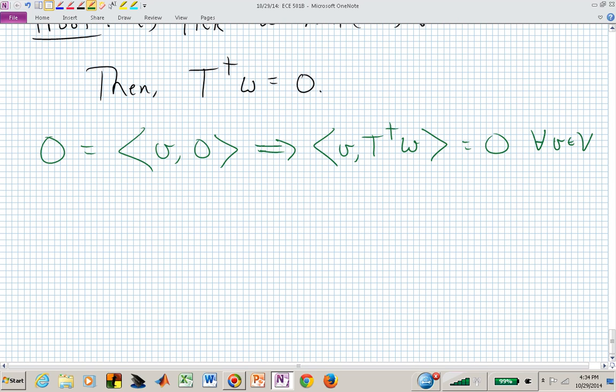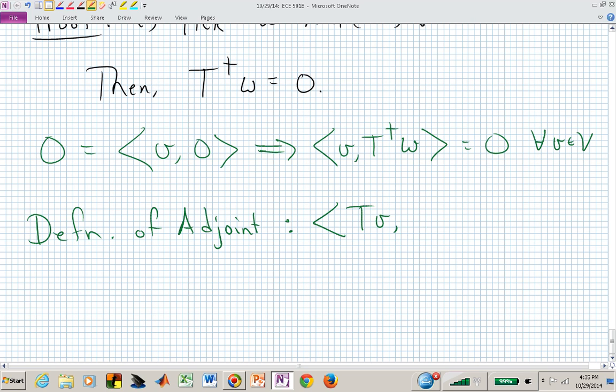Questions on that? Now, what's our definition of the adjoint? If we apply the definition of the adjoint to this inner product immediately above, where I've opened up this angle bracket for a new inner product, what does V comma T dagger W need to equal by definition of the adjoint?